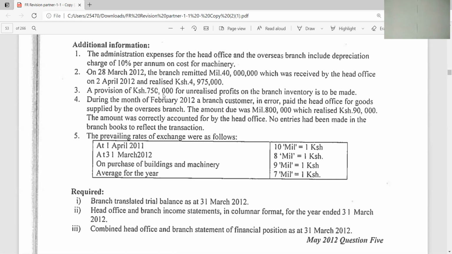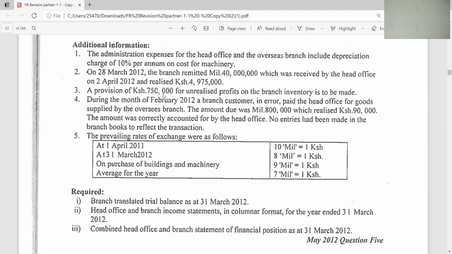So remember that, for example, the head office sold goods to the branch, but by the end of the year, the branch has not resold the goods it received from the head office. Remember that the head office had sold the goods to the branch at a profit.